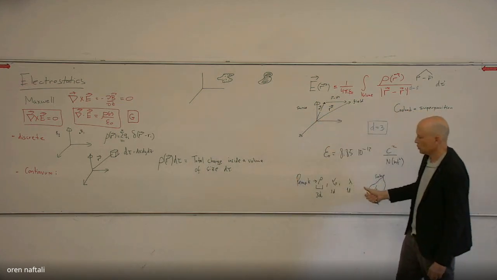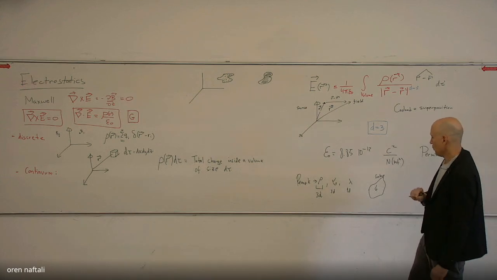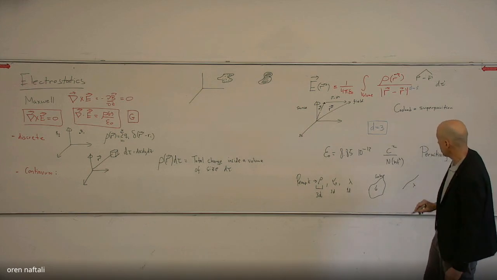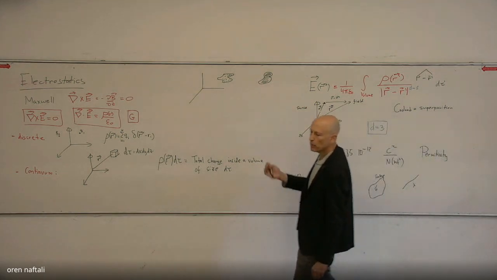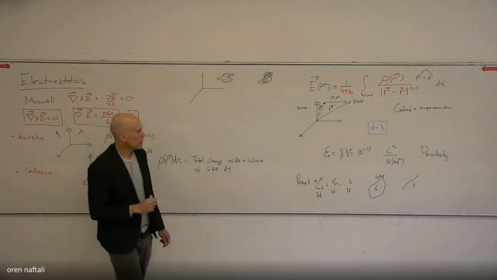Lambda is for a line, 1 dimension, and has units of charge over a meter. They will have some charge on some object, but all of them are of course embedded in 3 dimensions. It's not that we are changing the dimension, we are changing the charge density.